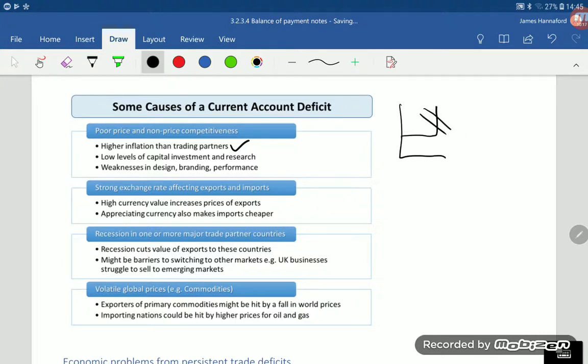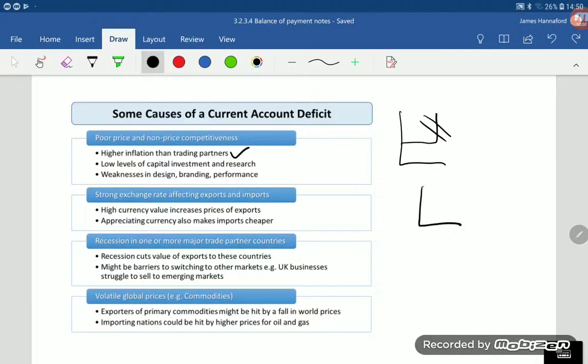Obviously, if there's higher prices, in other words, inflation, our goods are going to be relatively more expensive than our rivals, assuming that their price levels remain unchanged. The reason for the high prices or the inflation could also be cost push inflation.